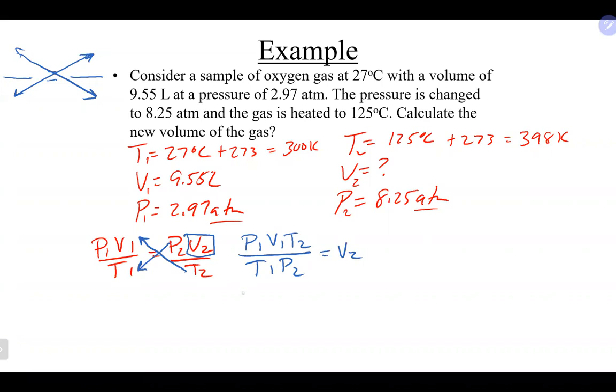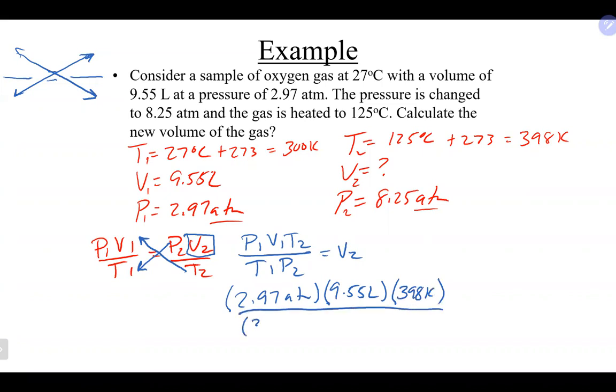So putting in our numbers in the proper spots there, P1 being 2.97 atmospheres, V1 being 9.55 liters, and it is T2 that should go up on top, 398, divided by our T1, which is 300, and our P2, which is 8.25 atmospheres.